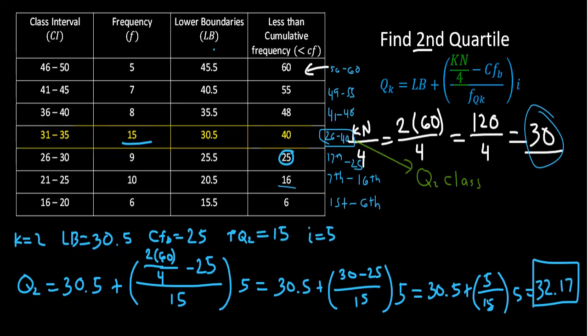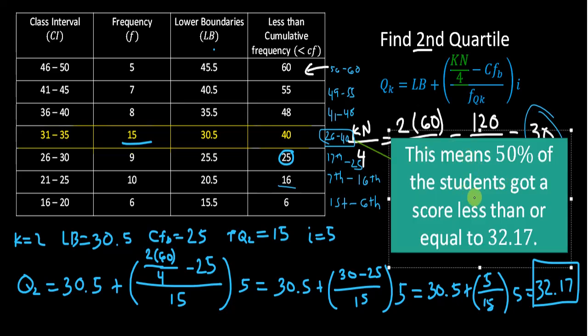So, ano ibig sabihin ng 32.17 na yan? Ibig sabihin yan, 50% of the students got a score less than 32.17. Saan nakuha yung 50% na yun? Di ba nga quartile 2 tayo? Second quartile. Ang quartile na-divide sa 4: 1, 2, 3, 4. Yung first quartile, 25%.